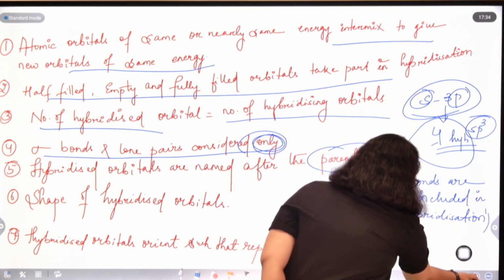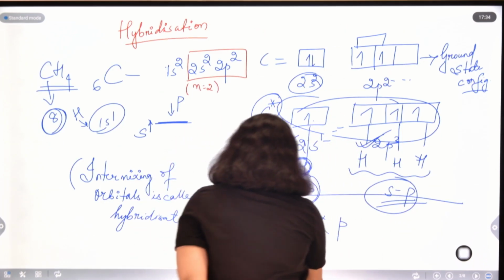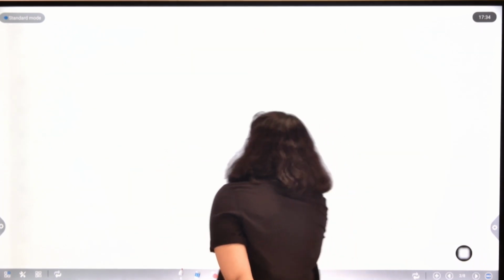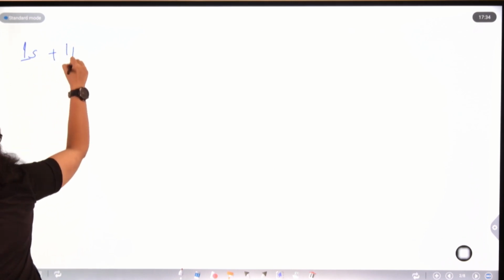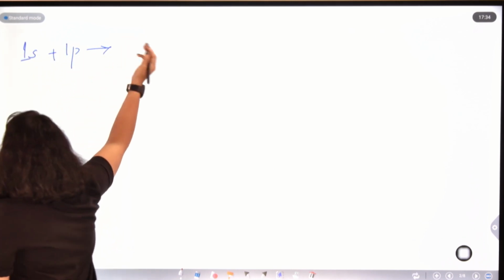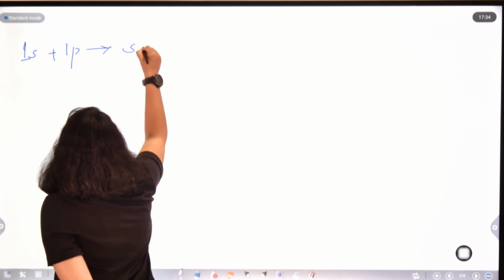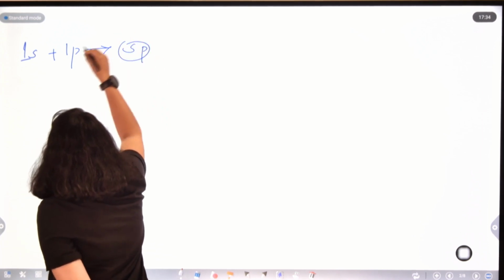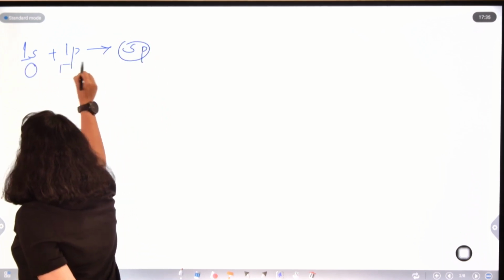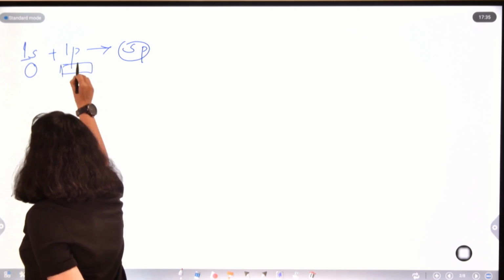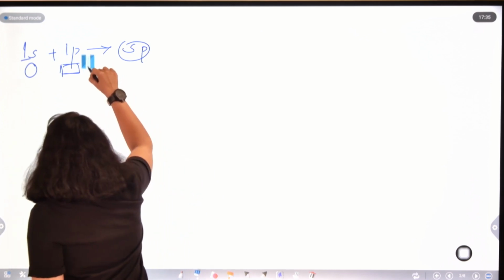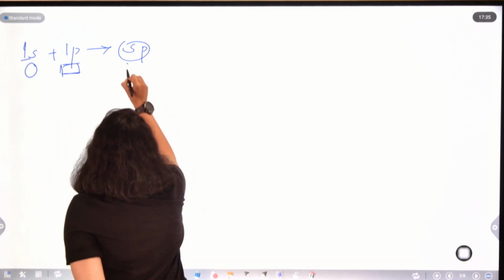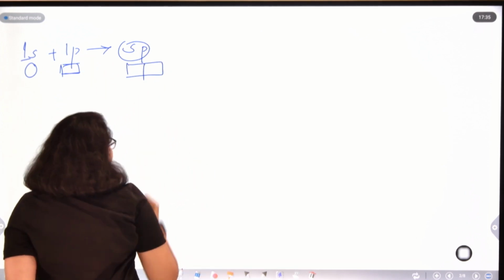If I consider a case where I'm taking 1s and 1p, the hybridized orbitals I will get are 2 sp orbitals. Now if I hybridize them, I will get 2 sp orbitals.